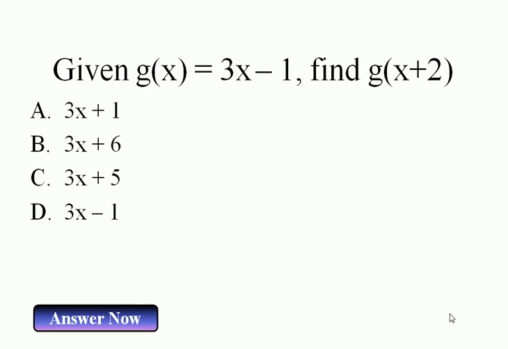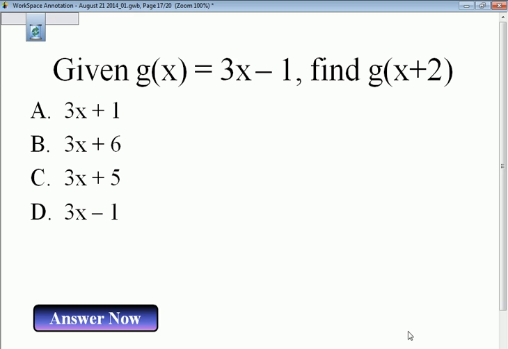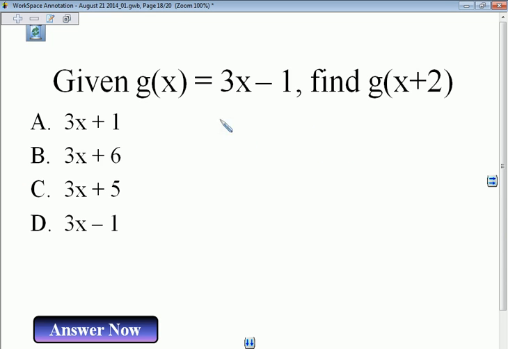Okay? Let's look at the next one. Oh. It's not a number, is it? So what do we do? We're going to do the same thing. We're going to take this and plug it in and have to use the distributive property. Perfect. Okay? So when we look at this one, we're going to do G of x plus 2.